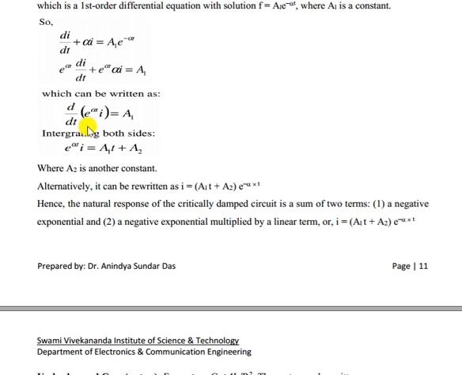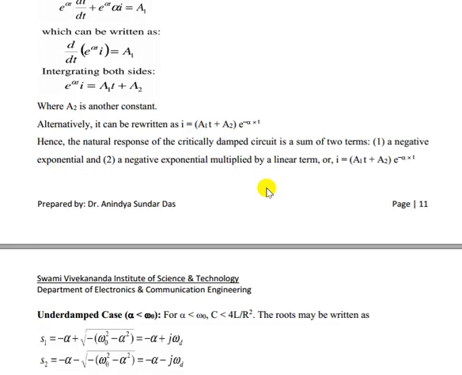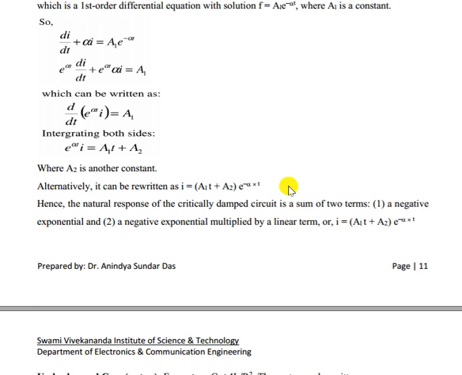Integrating both sides, e to the power alpha t i equals a1t plus a2, which is the integration constant. So i equals a1t plus a2 into e to the power minus alpha t. For the critically damped case, the solution is i equals a1t plus a2 times e to the power minus alpha t.